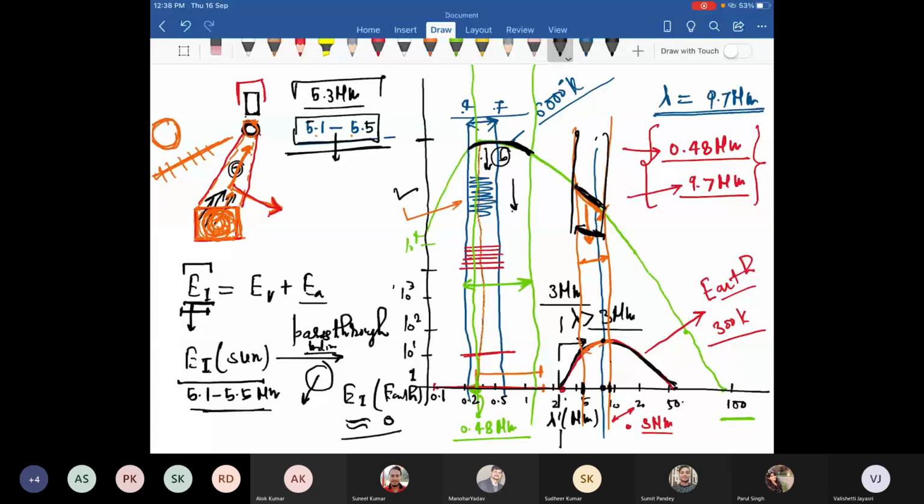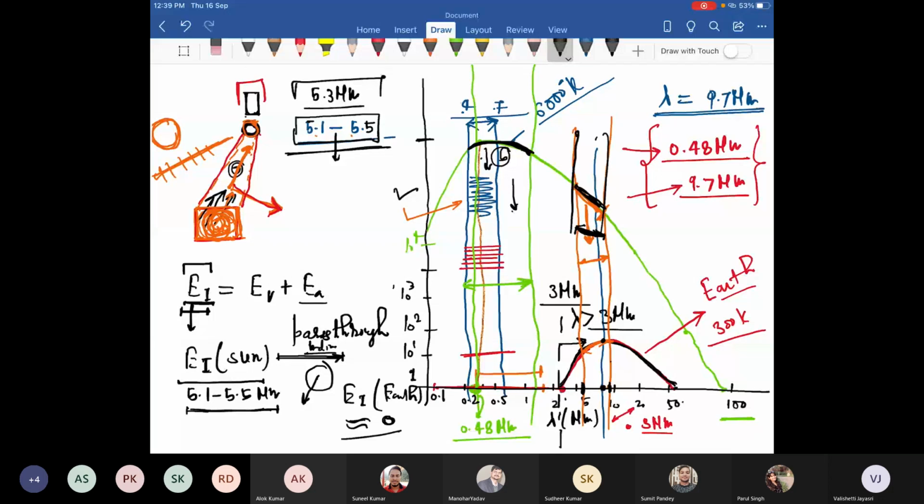This will only happen when the atmosphere completely absorbs the energy and does not allow the energy to pass through. But generally, for 5.1 to 5.5 micrometer, we'll see that later, it will not be completely blocked.